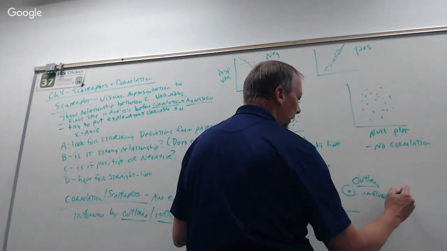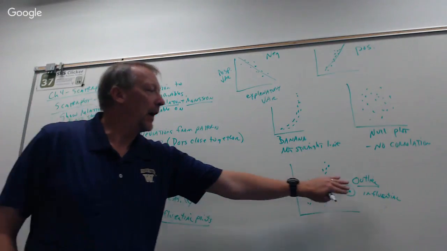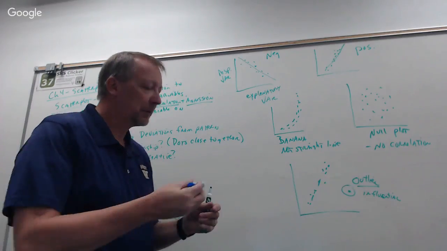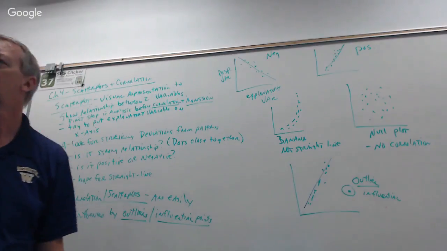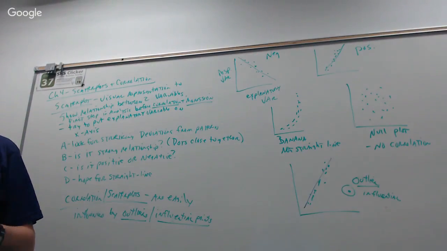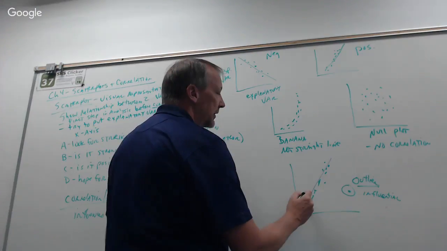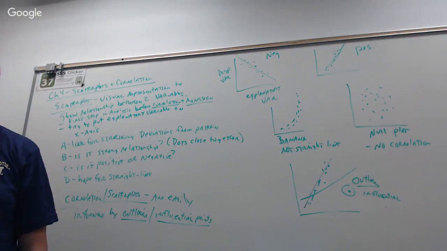Influential. Okay? And the idea here is, if I exclude that point, okay, you can probably see that I could draw a straight line through the pattern there, right? Okay? But with that point there, what's going to happen is it's going to drag the line towards it. Okay?